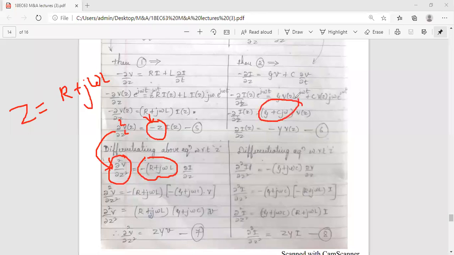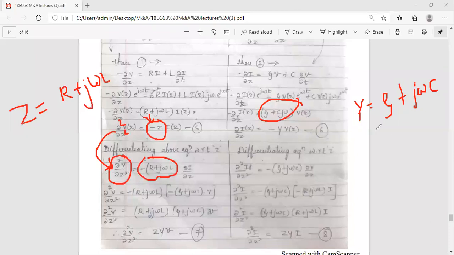And similarly, in equation 6, we have taken Y. Sorry, it is not small y, it has to be capital Y. Capital Y is equal to G plus j omega C, where capital Y is called the admittance of the line.